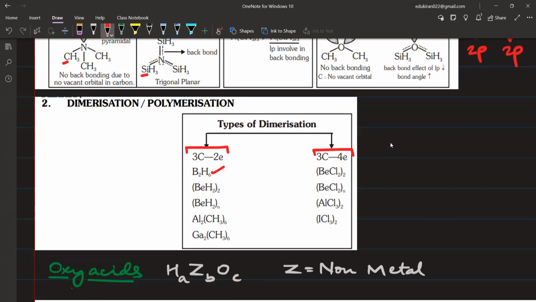Okay, so when you have B2H6, these bonds are like this. We have one boron here, and one boron here. Both of the borons are what? BH3. BH3 and BH3.